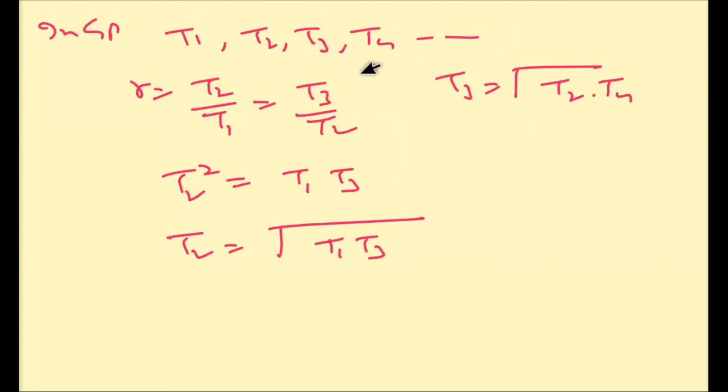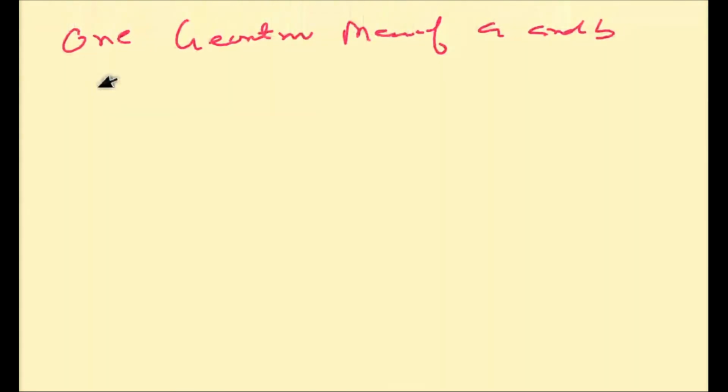Okay. So we can see the middle term is taken this way. Now we can say this way: one geometric mean of A and B is under root AB. Okay.